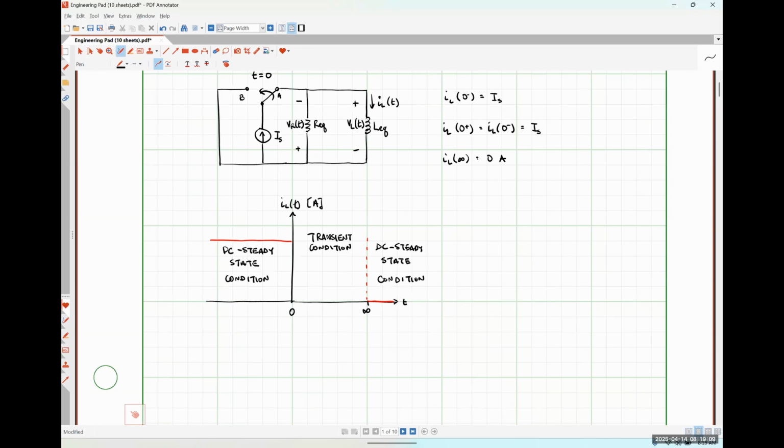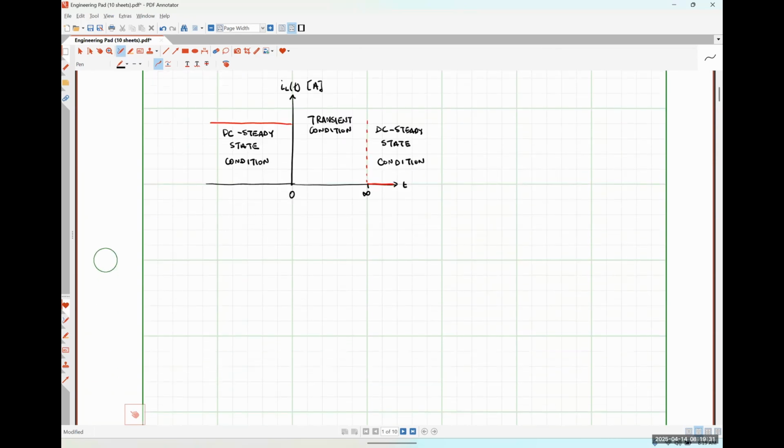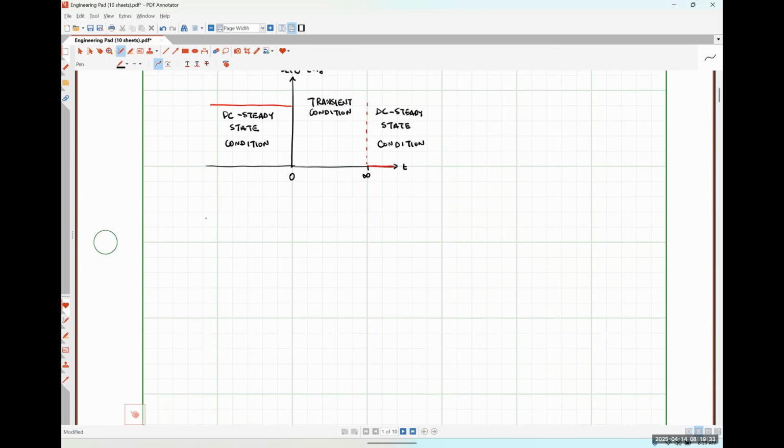Okay. So what we're going to spend the next several minutes doing is trying to come up with a mathematical model that will describe that transition from the DC steady state condition for t less than 0 to the DC steady state condition for t greater than infinity. Okay. So let's look at things really quickly.